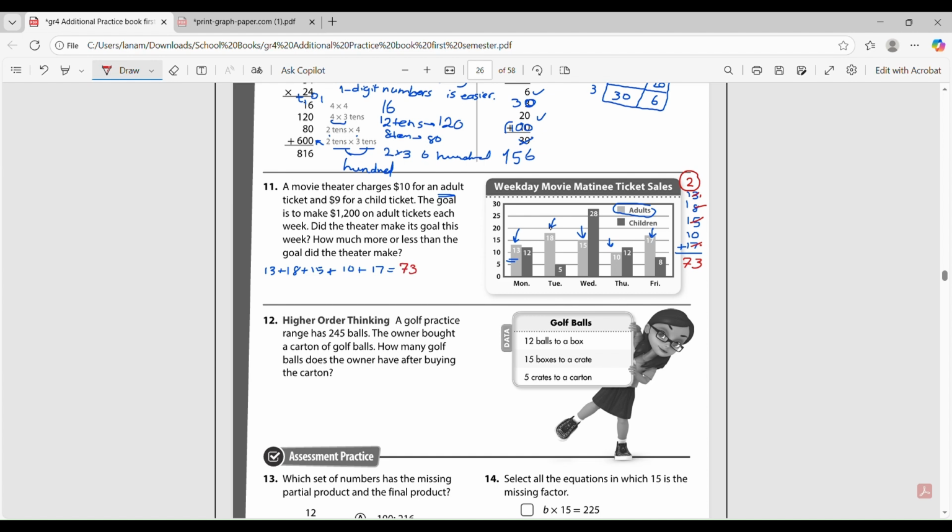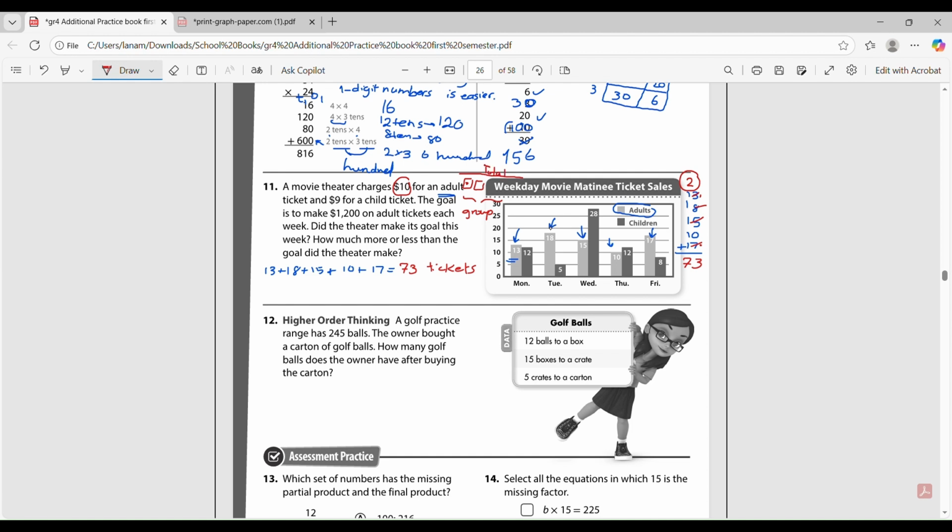Now 73 tickets. The price of each ticket is $10. So I told you before, if I have the price of the items in one group and the number of groups, it's easy to find the total.